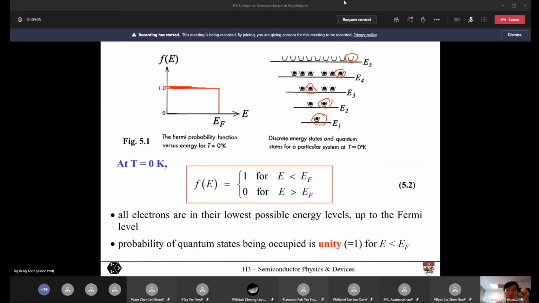What's the chance that the electron actually occupies a state here? 0, because you don't find any there. So the chance of finding an electron there is obviously 0, which corresponds to this part here. Okay, so the Fermi level is in between the part where it's all occupied and the part that's not occupied. So I would say the Fermi level is in between E4 and E5. That's your EF.